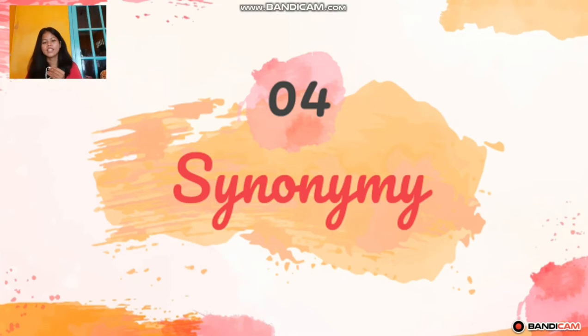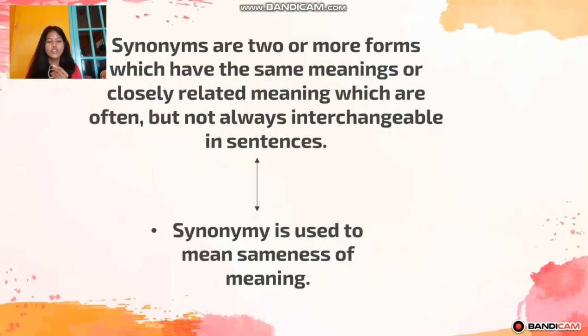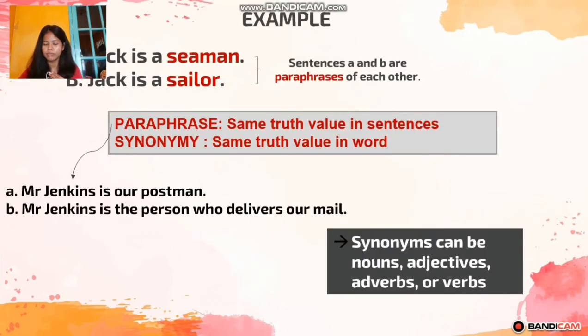The next is synonymy. Synonymy refers to two or more forms which have the same meaning or closely related meaning, which are often but not always interchangeable in a sentence. Or we can say synonymy is used to mean sameness of meaning. For example, sentence A, Jack is a cement.